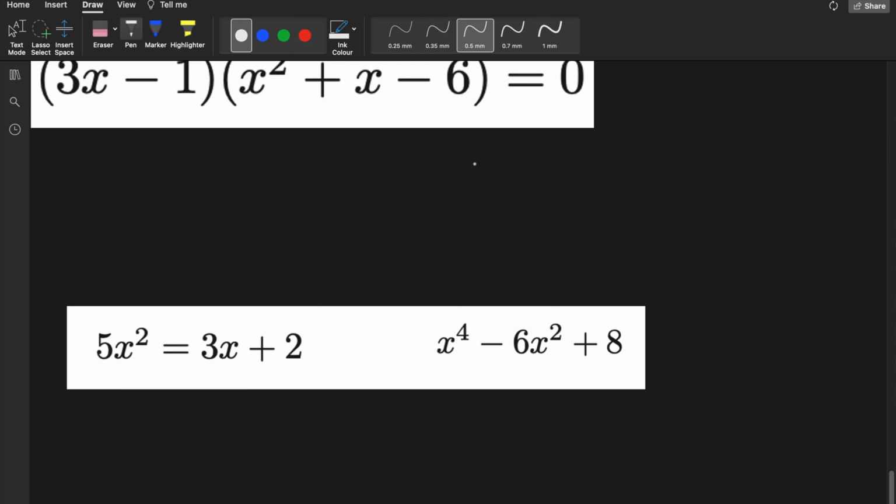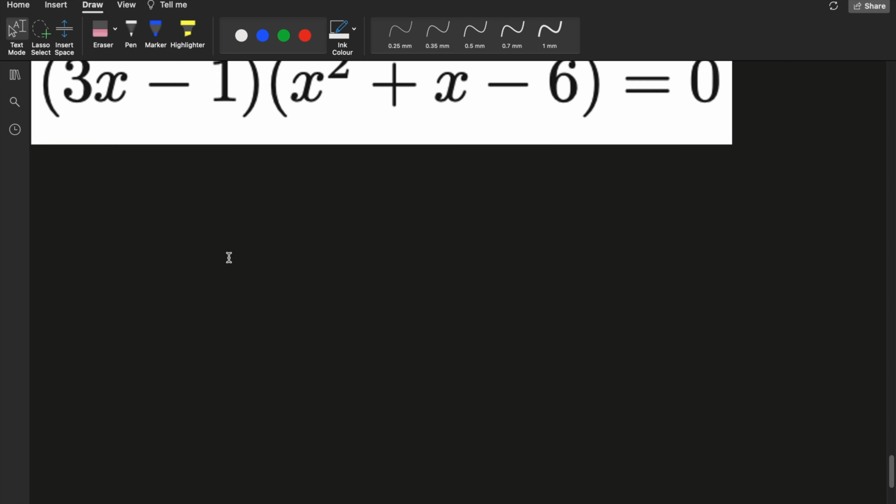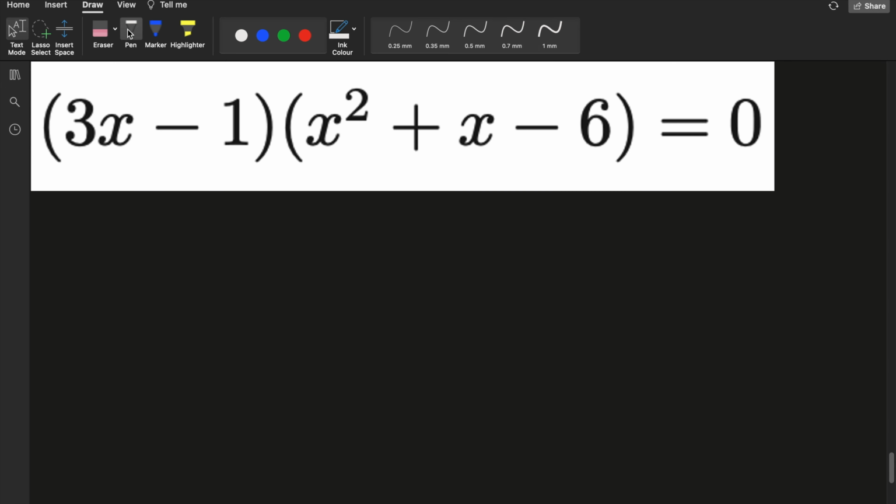And then, so this is our next question. So we're supposed to find the roots of the equation. So first we'll equate this to 0. We get x equals 1 by 3. We've got to equate this to 0. So let's do that.